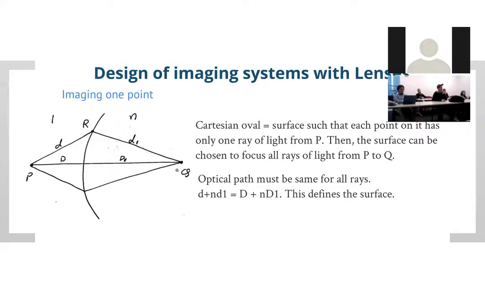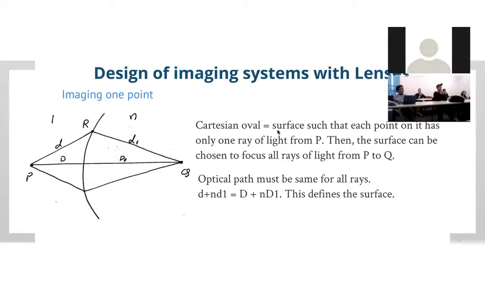Now, you can define this surface simply by defining how much each of these rays has to bend, right? You can draw another ray here, how much it bends, another ray here, another, and the angle at which these rays bend defines the surface here. And this is referred to as a Cartesian surface or a Cartesian oval.